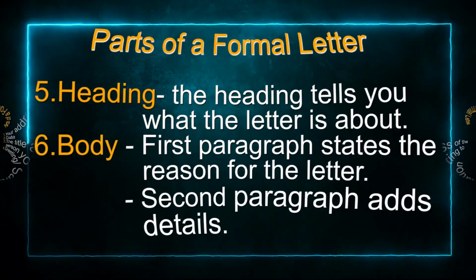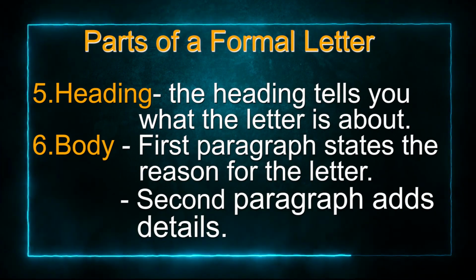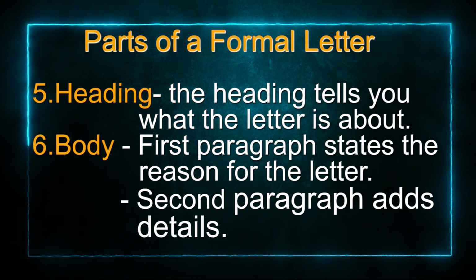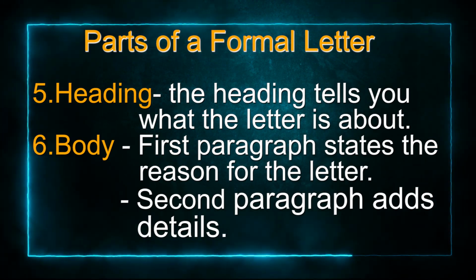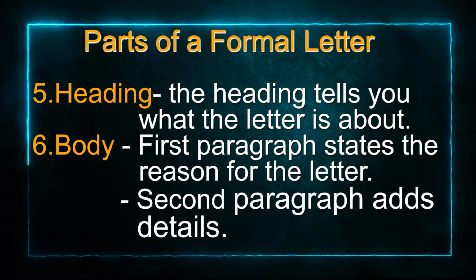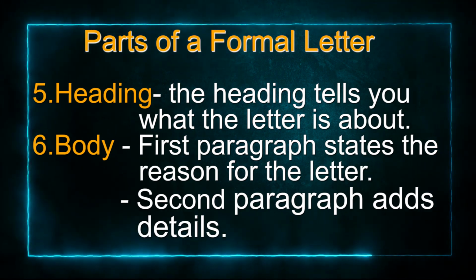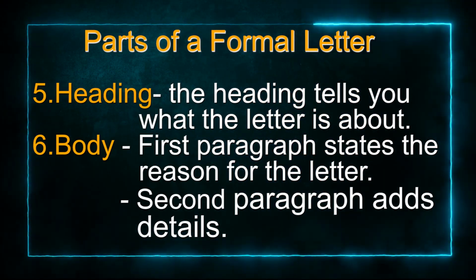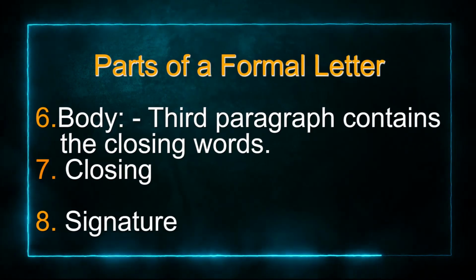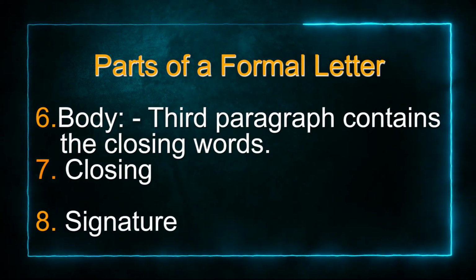We have the heading, and the heading will tell what the letter is about in a few, 2 or 3 words. We have the body, in which the first paragraph will state the reason for writing the letter. And the second paragraph, remember, it adds details to what you are writing. And then the third paragraph contains closing words.